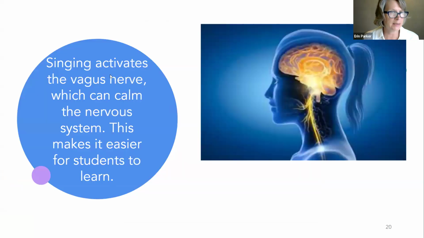As we talked about, singing is another good one. Singing actually activates the vagus nerve, which can calm the nervous system. This makes it easier for students to learn.